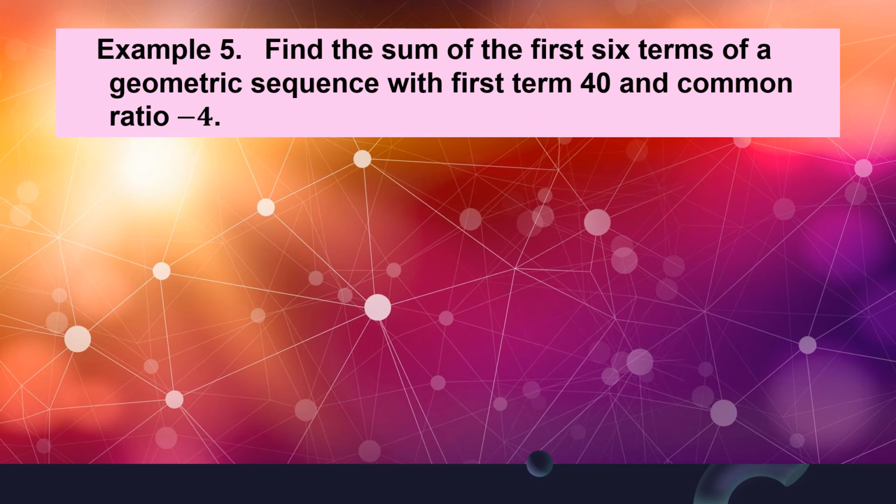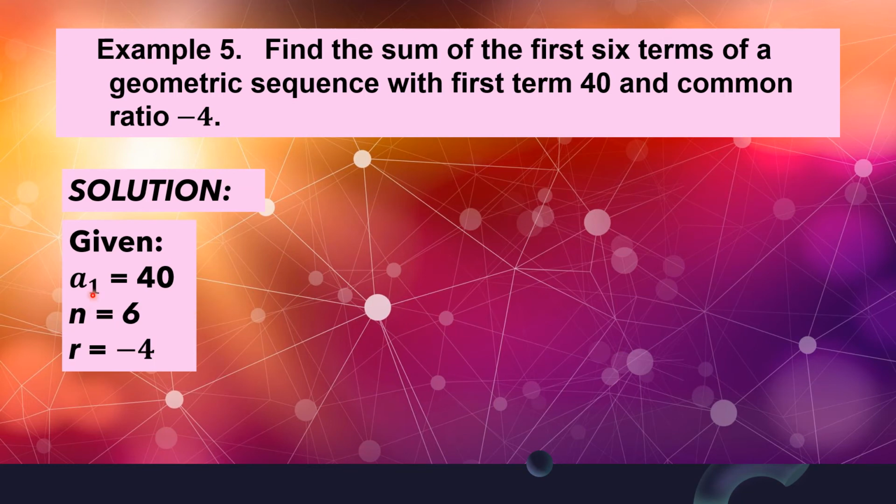Example number 5. Find the sum of the first 6 terms of a geometric sequence with first term 40 and common ratio negative 4. The given in the problem are the following. Our first term, a sub 1, is equal to 40.